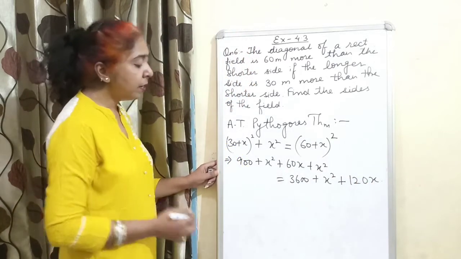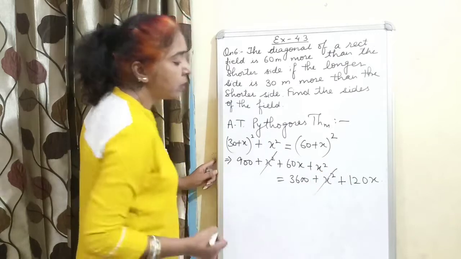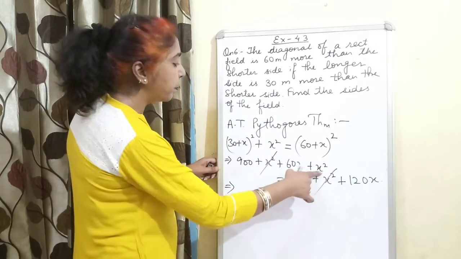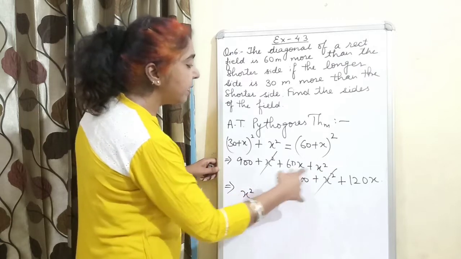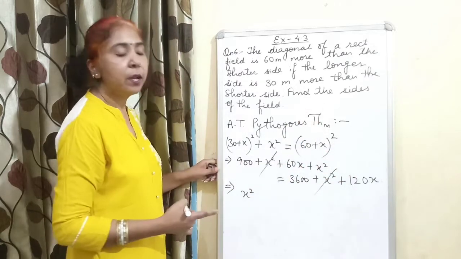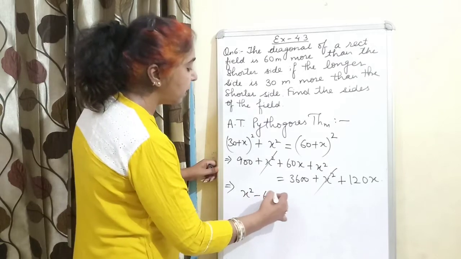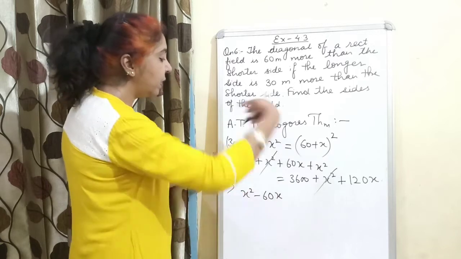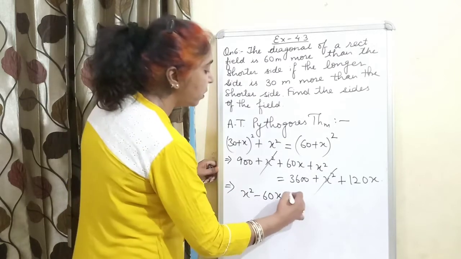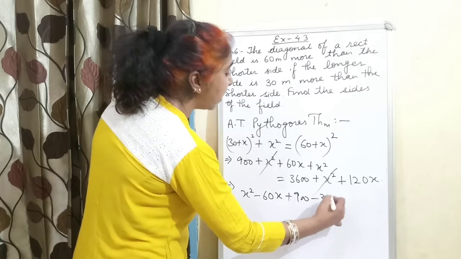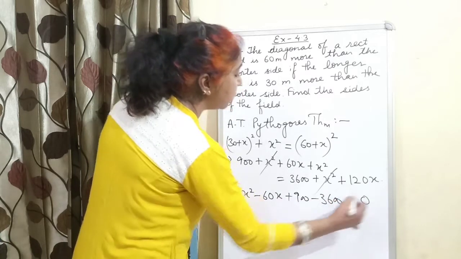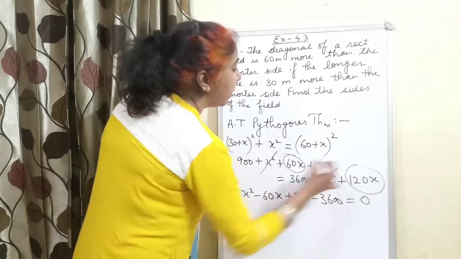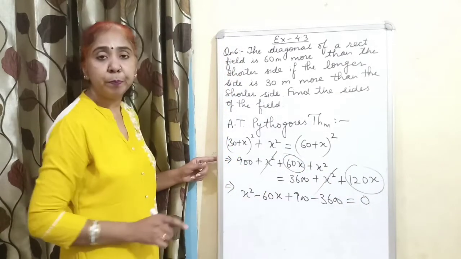Now you can see that x square gets cancelled out with one of the x square on the opposite side, and we are left with 60x minus 120x. What do I get here? Minus 60x. In the same way, 3600 comes to the left hand side, so 900 minus 3600 equal to 0.